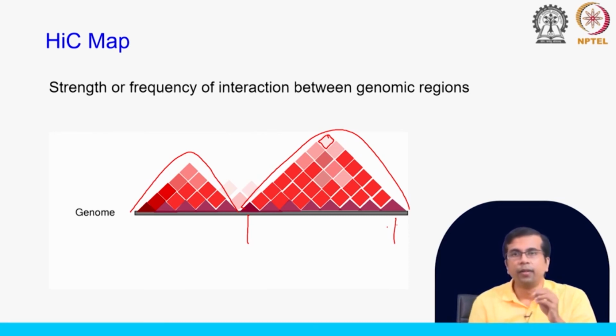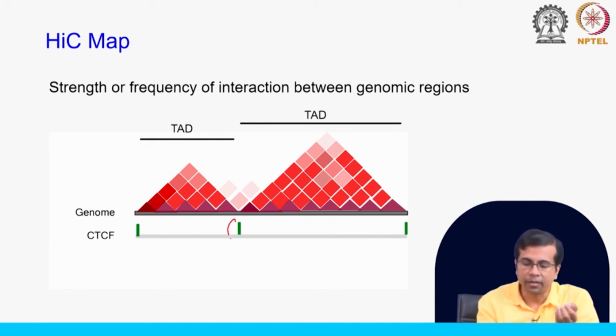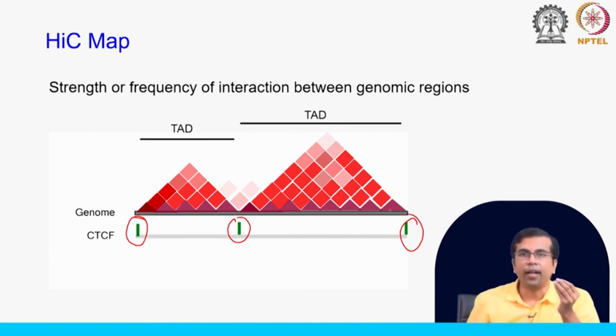You can overlay this along with ChIP-seq data. You can do ChIP-seq on the same sample and overlay, let us say, ChIP-seq for the CTCF binding site, and maybe here are the peaks for CTCF, meaning we are looking at TADs. Remember, the TAD boundaries are marked by CTCF, so this actually helps in formation of the TADs.